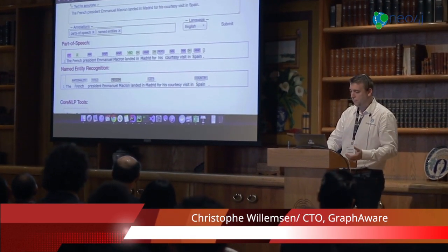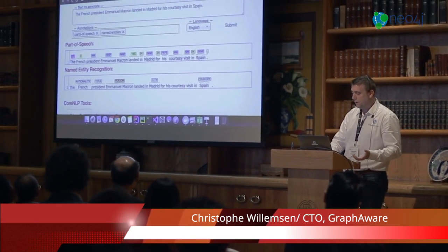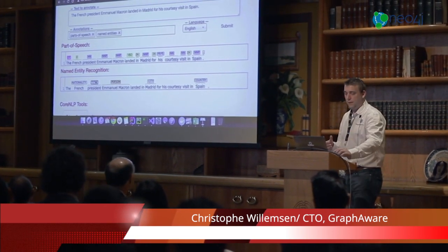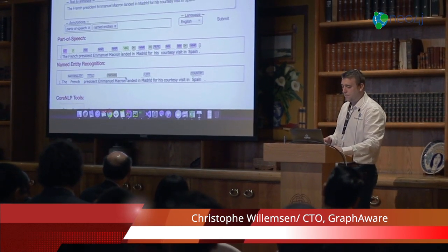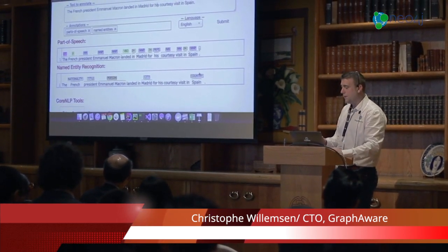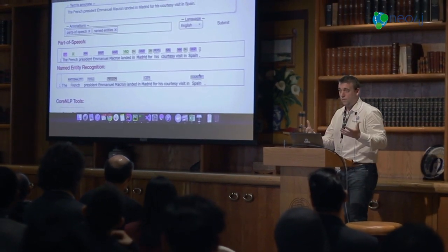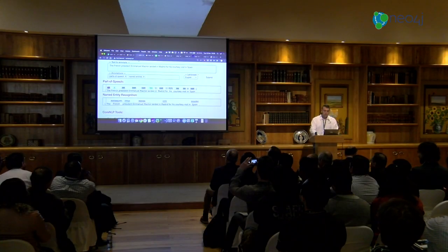For example, for the phrase "the French President Macron landed in Madrid for his courtesy visit in Spain," the software will return that French is a nationality, President is a title, Macron is a person, Madrid is a city, Spain is a country. So it will give us a structured list that we can use to create new nodes and relationships in our graph. Okay?